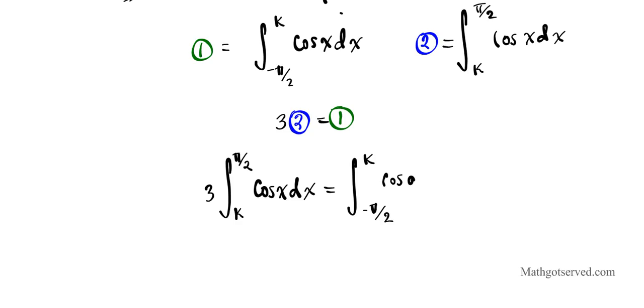This just says that the area on the right is a third of the area on the left, or the area on the left is 3 times the area on the right. We're going to use FTC part 2 to evaluate these definite integrals, get a resultant equation, solve for k, and that will be our answer.